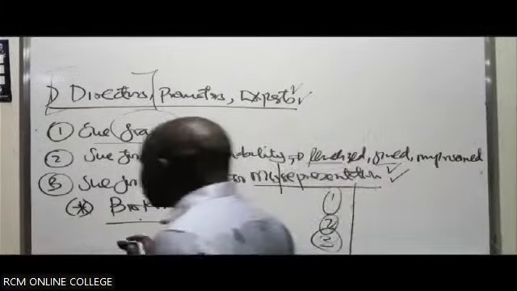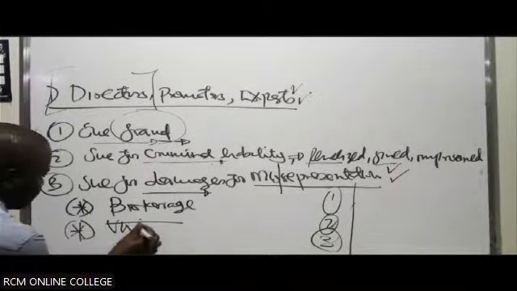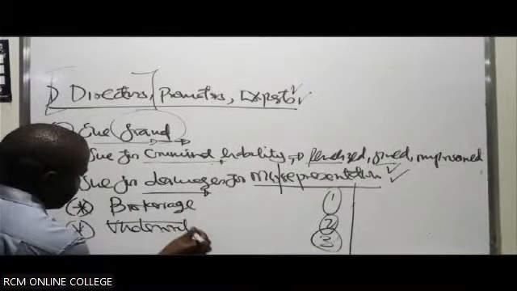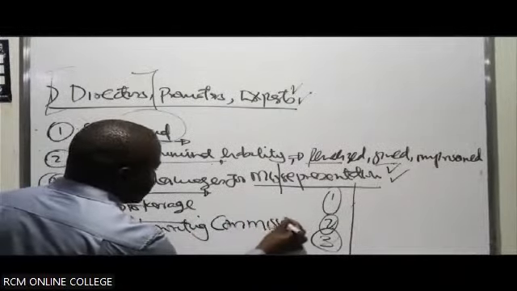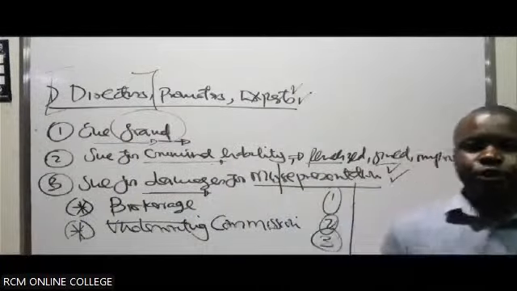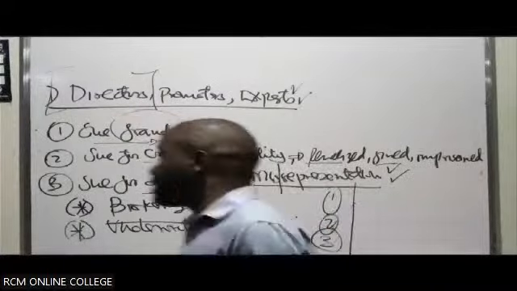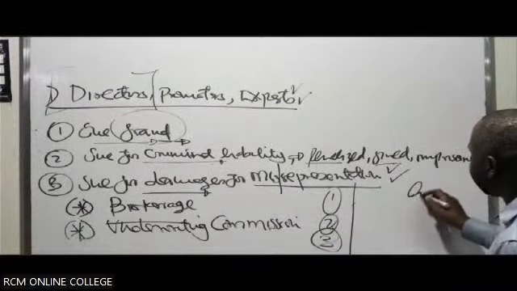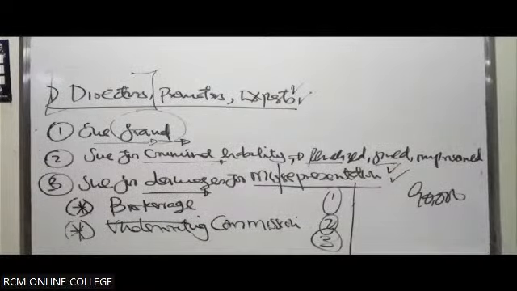Then we also have what we call an underwriting commission. This is something that comes up when you float your shares for subscription and then experience what you call under-subscription. Maybe you offered 90,000 shares, and you want to raise this capital because you want to fully fund a project.